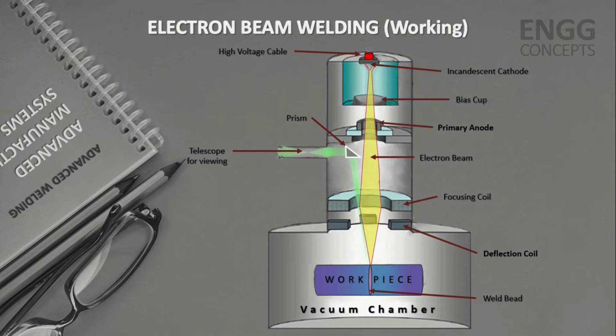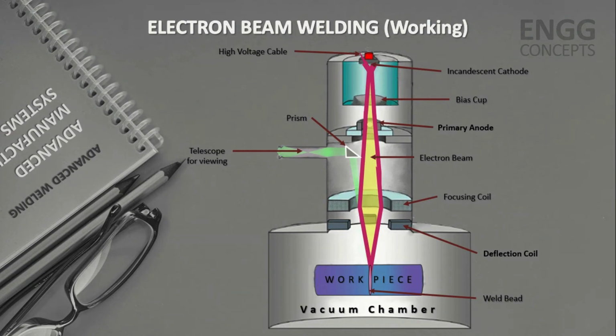So let's see the working of electron beam welding. First, the power source is supplied to the cathode, which is the electron gun. Of course, we need a power source. The electron gun produces electrons, and these electrons move toward the anode, because it is a positive charge and it is placed right after the electron gun.